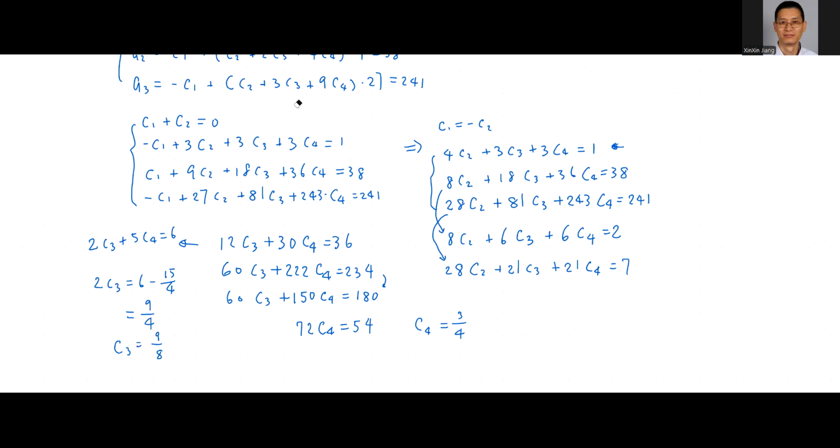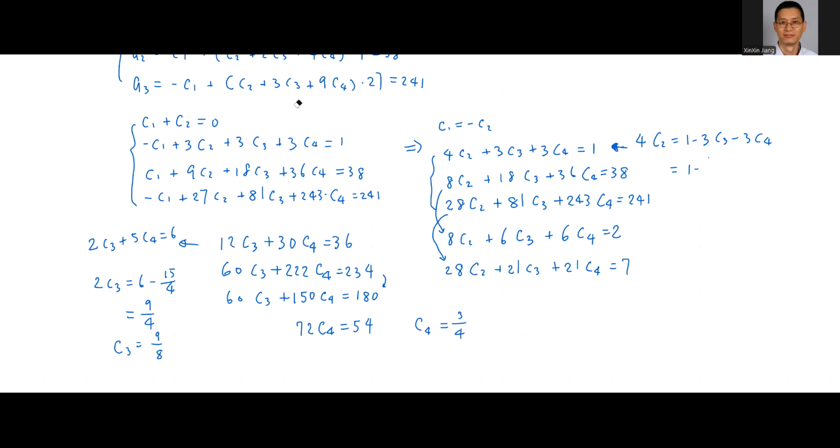Okay, now we need to look at C2. So we're going to use this equation. C2 equals 1 minus 3C3 minus 3C4. That equals 1 minus 3 times C3.